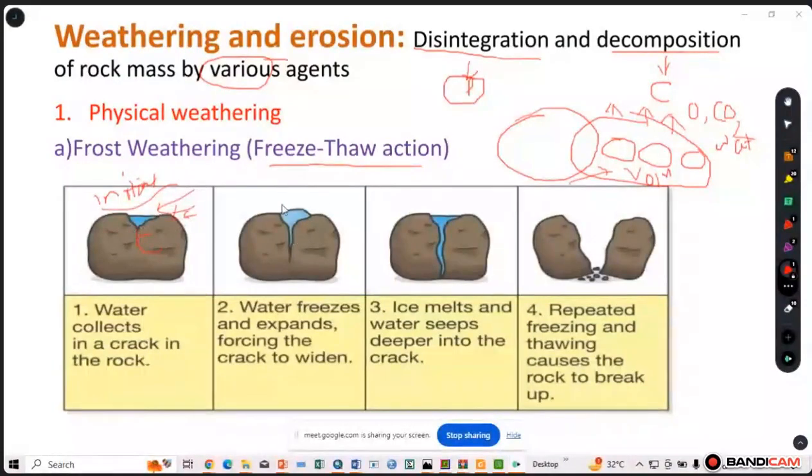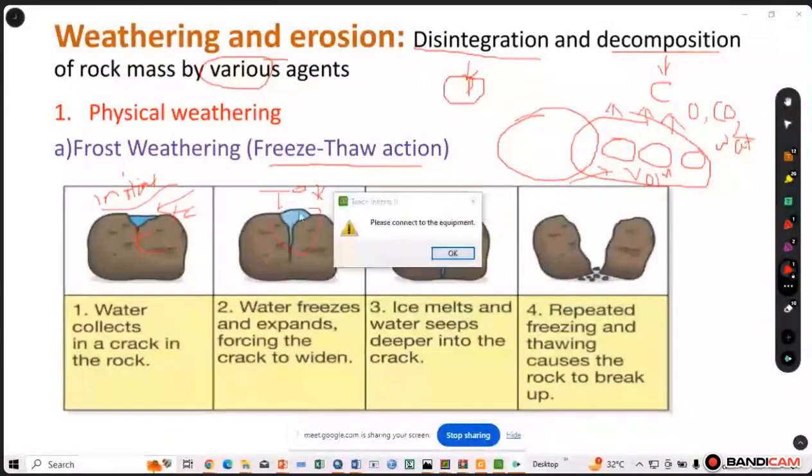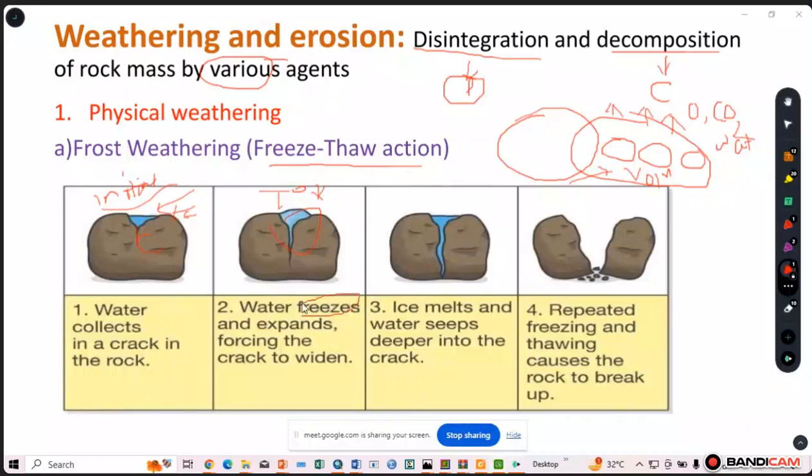What happens when the temperature decreases? The water freezes. After the freezing action, it expands and generates force that cracks and widens the rock.